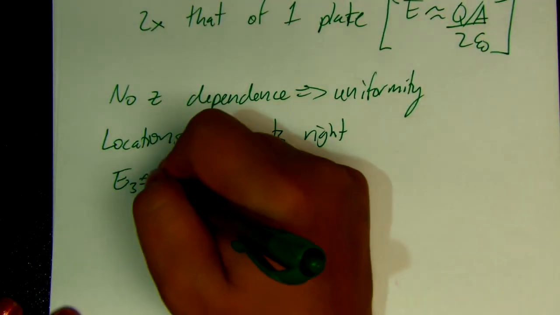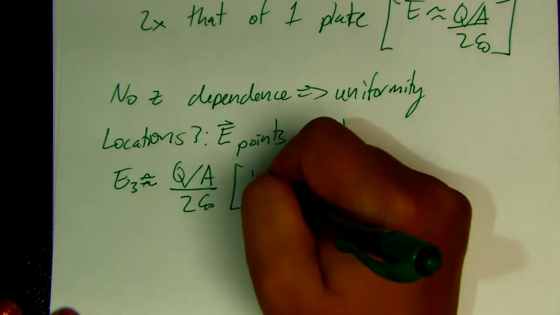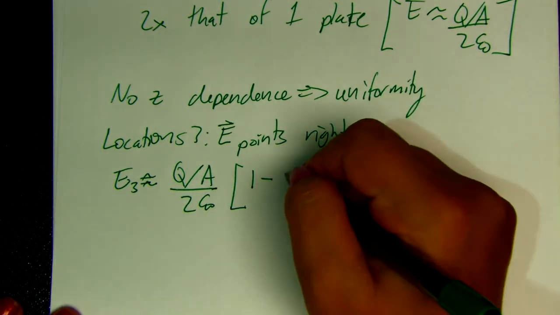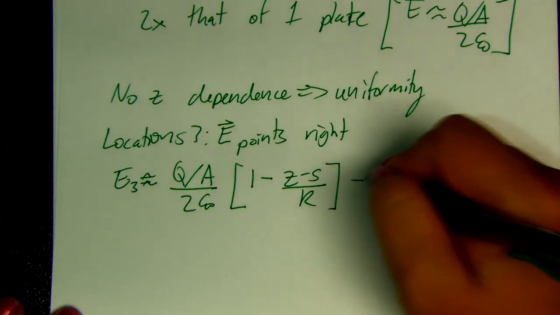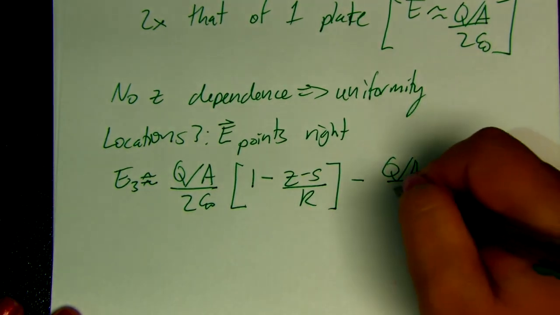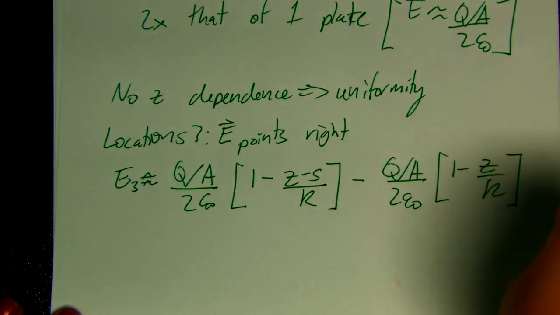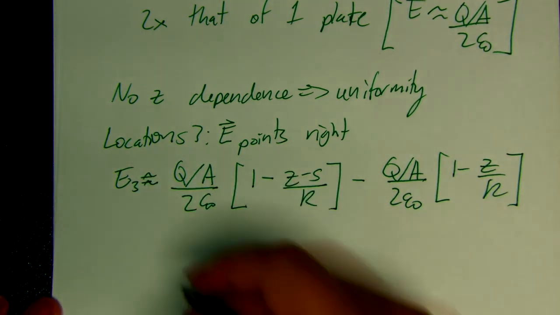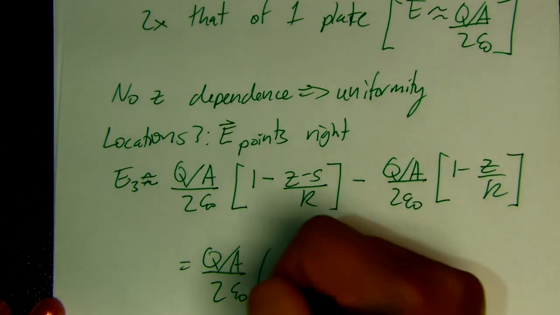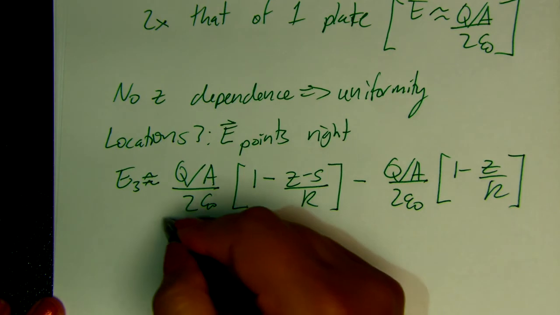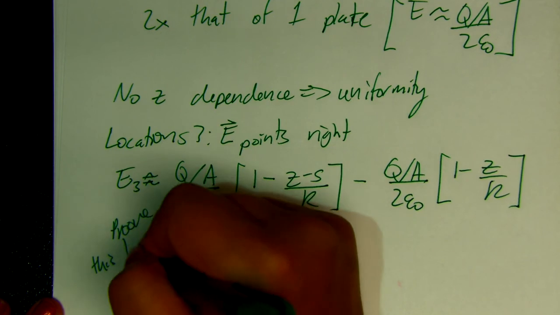So in this case, it's going to be Q over A over 2 epsilon naught, 1 minus Z minus S over R, minus Q over A over 2 epsilon naught times 1 minus Z over R. And this reduces to Q over A over 2 epsilon naught S over R. And here's another chance for you to do a little algebra practice. So prove this to yourself.